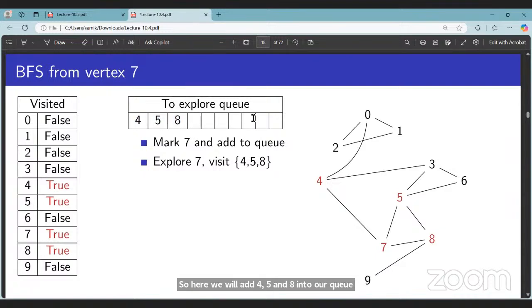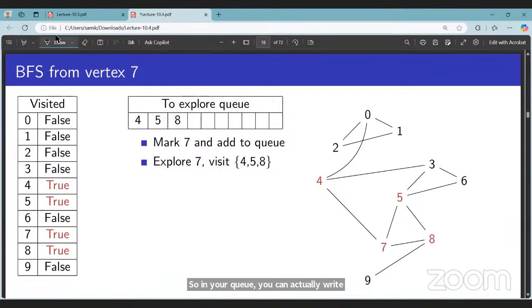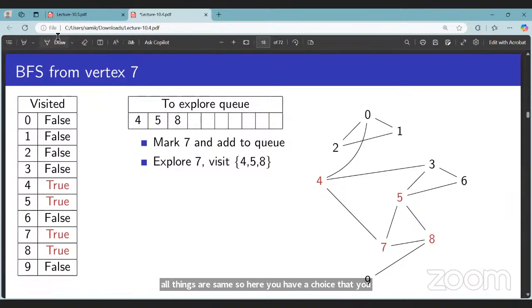But observe that we have visited 4, 5 and 8 at a single glance of 7. That means when we explore 7, we take account of 4, 5, 8 at the same time. So in your queue, you can write 4, 5, 8 in some other order: 4, 8, 5, or 5, 8, 4, or 8, 5, 4. It doesn't matter, all are the same. You have a choice to write these three numbers in any order you want.